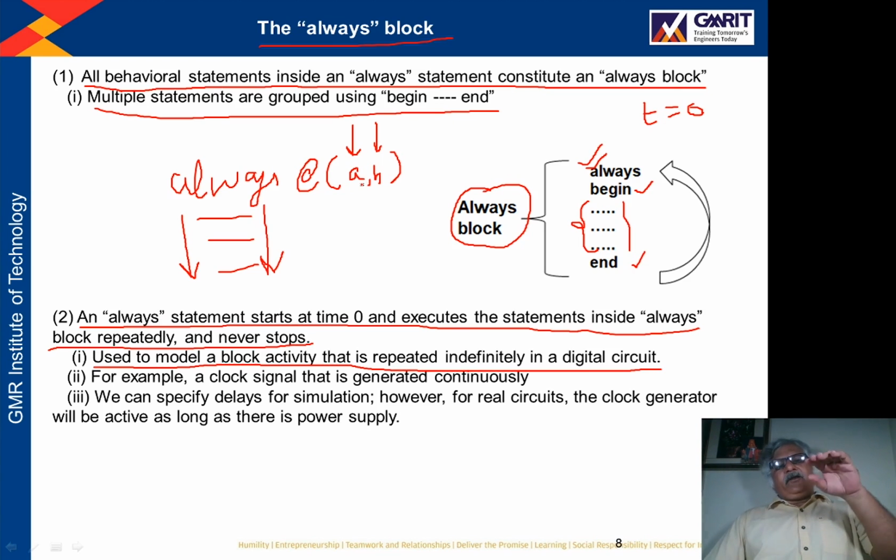So an always block is either active or suspended, but it never terminates. We can specify delays for simulation. While writing these statements, if you want to show some delays during the simulation, we can mention them in the statements. But during synthesis, those delays will be neglected by the synthesis tool.